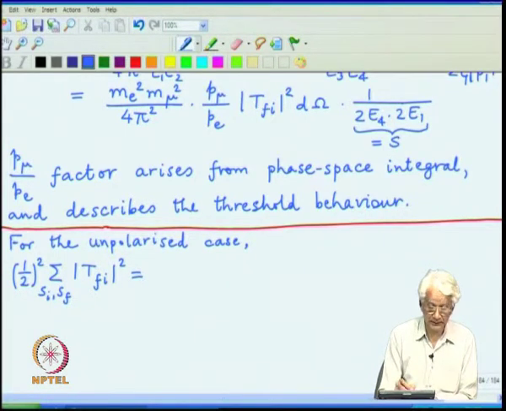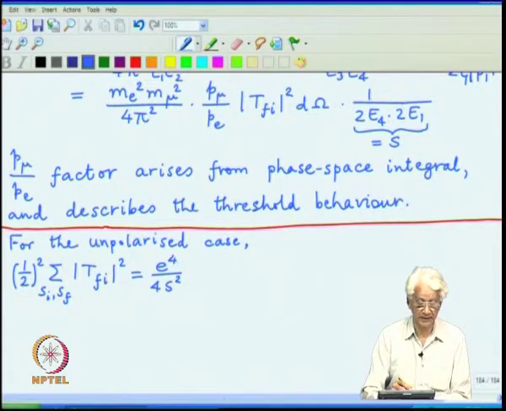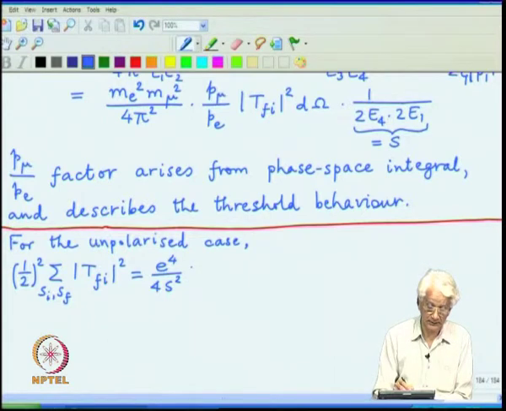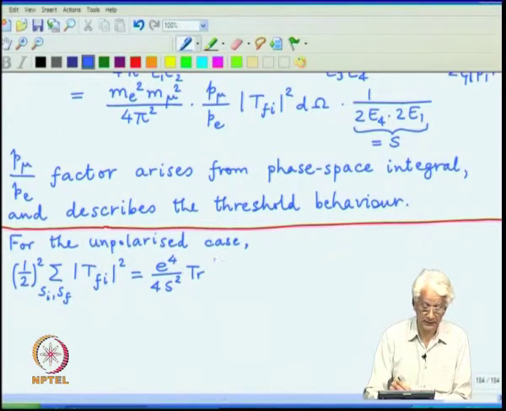We easily convert it into the standard form from the expression for T_fi, and that gives e^4 by 4 s^2. These are all the factors corresponding to the charge, and s^2 comes from the photon propagator, and then the fermion propagators produce two trace factors, one for the electron line and another for the muon line.